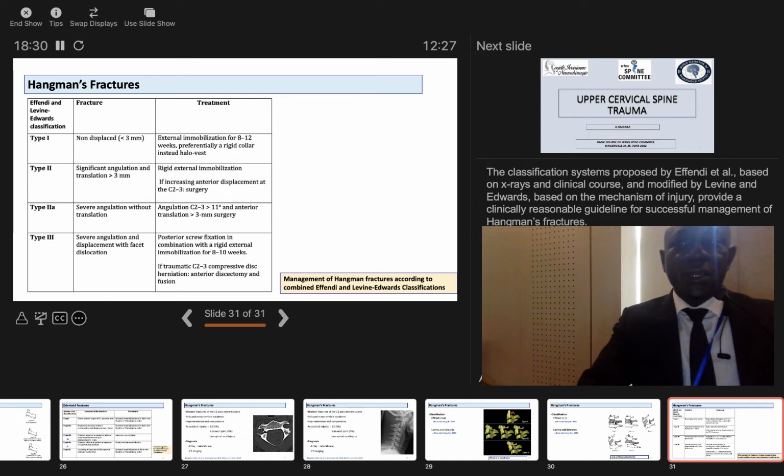And this is the algorithm for the Hangman fracture according to Levine, Effendi and Levine, with surgery indicated in the type 2.